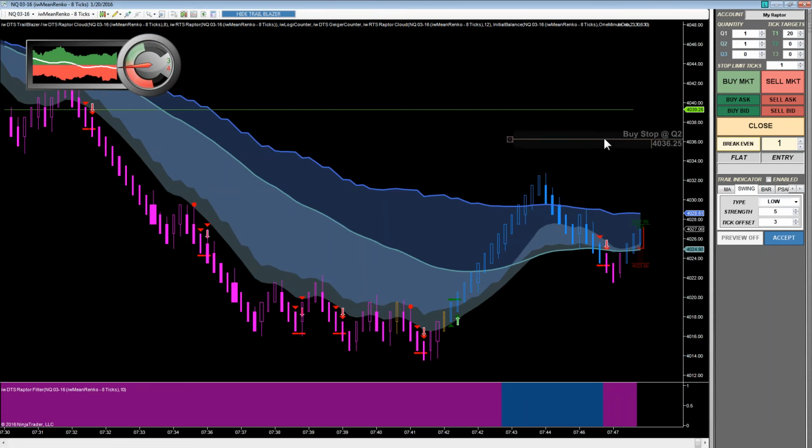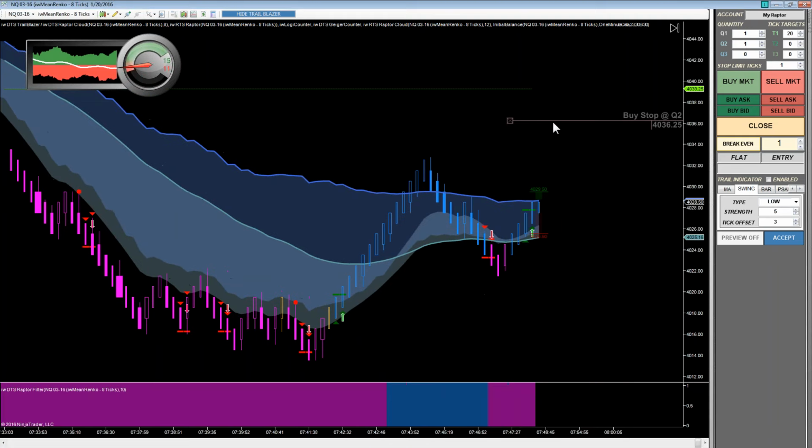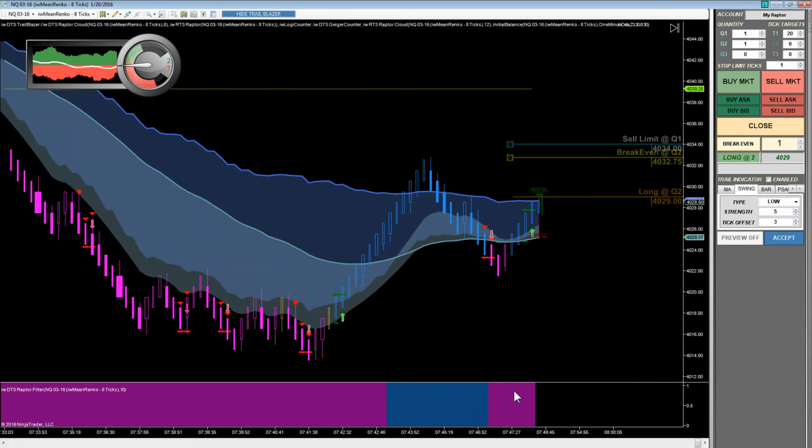Now what I've done is I've placed my buy order here. There's the buy signal. Oops, want to drag it in now. So here's the soft edge buy. And I'm going to place my initial stop kind of deep.